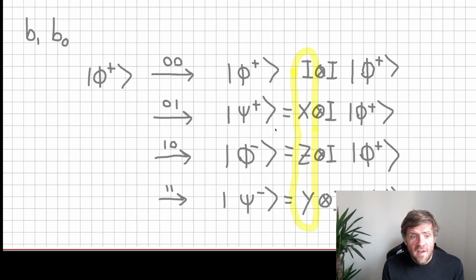So what she can actually do is prepare this 2-qubit state, send one of the qubits to Bob before she even knows what message she wants to send. And then, once she knows her 2-qubit message she wants to send, she applies a Pauli to the qubit that remains, which is why I called it her qubit earlier. And then, after having done that, and knowing that the 2-qubit state is now in the required Bell state, she sends the other qubit to Bob.